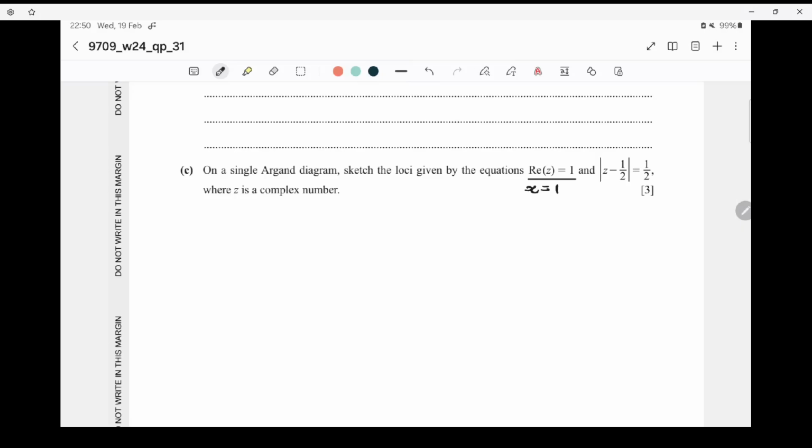The second one is essentially a circle. So the center would be minus, sorry, not minus, 1 over 2, 0. And then the radius is this.